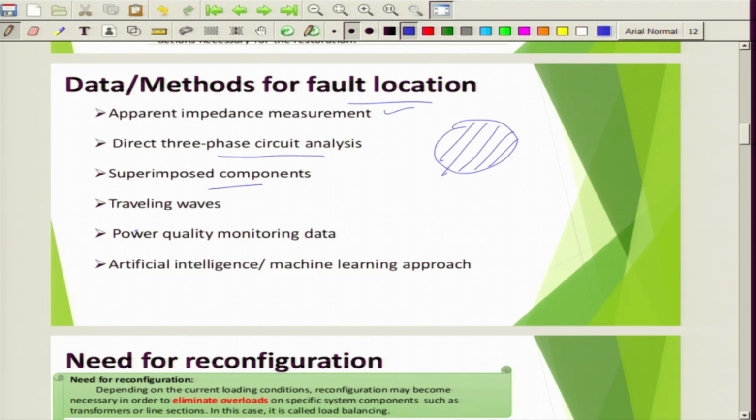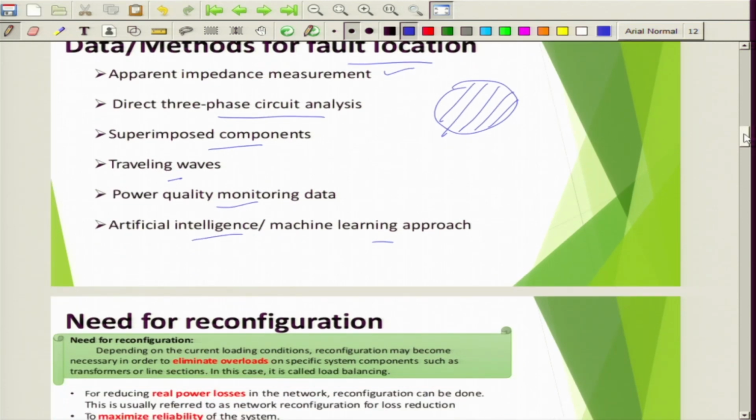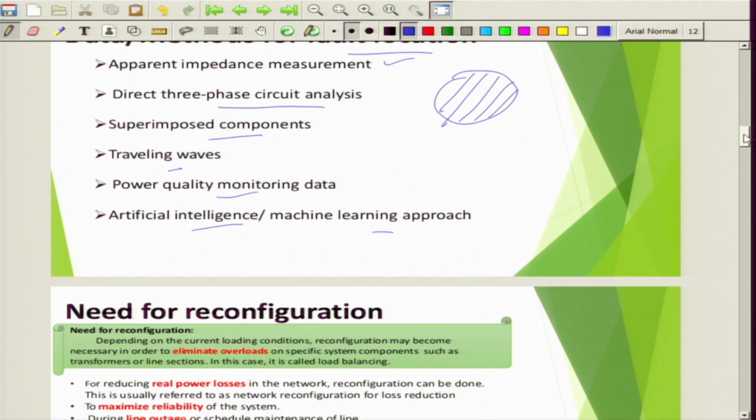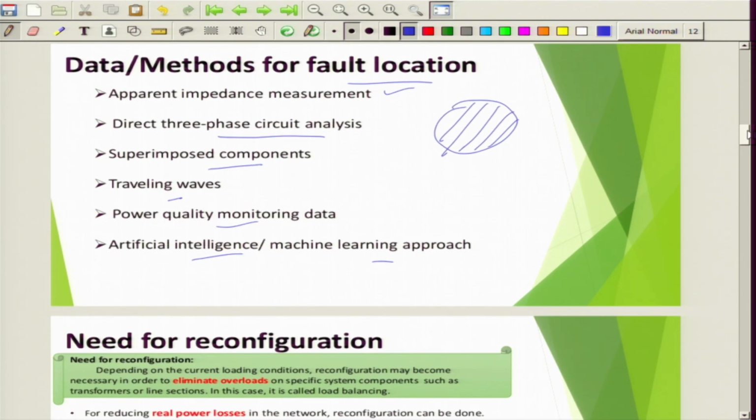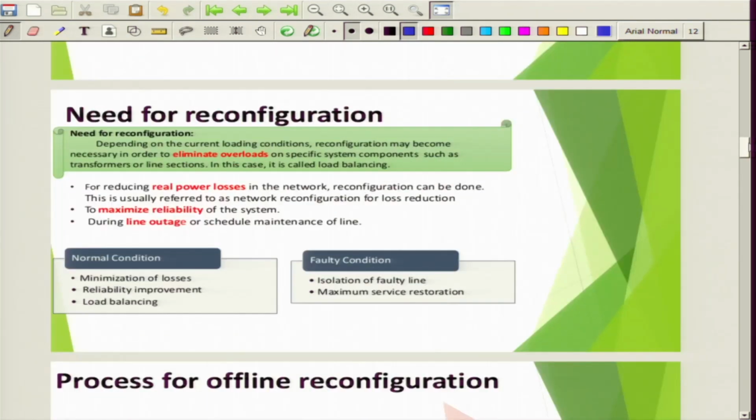Then we have superimposed components, traveling waves can also be used, power quality monitoring data, and artificial intelligence and machine learning based approaches, where you train the neural networks, collect the information, and then analyze the exact location of the fault. So there are multiple means, and it depends upon the user to adopt a particular one based on the cost and the accuracy of fault location needed. The amount of accuracy one decides to have is also something that needs to be considered.